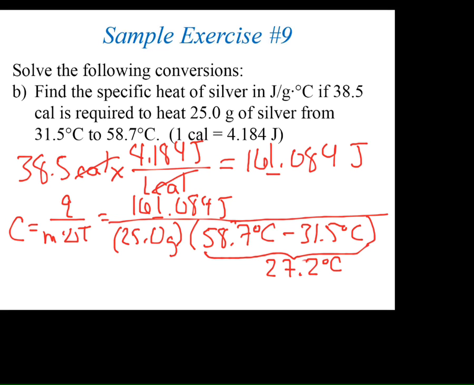So now it's 3 sig figs on top, 3 sig figs in the mass, 3 sig figs in the temperature. So the answer is 3 sig figs, right? So I got 0.237. And what are my units? Joules over grams Celsius. You are so right. Okay.